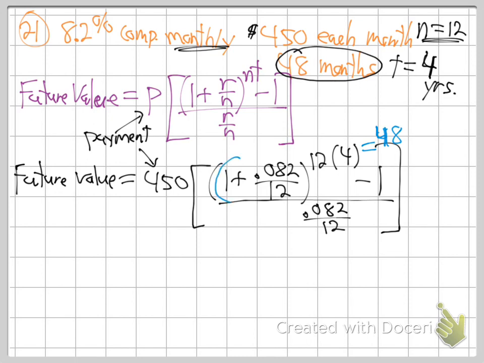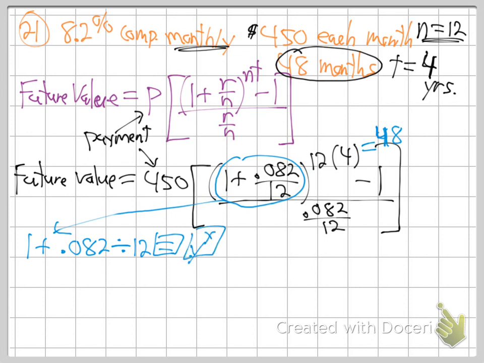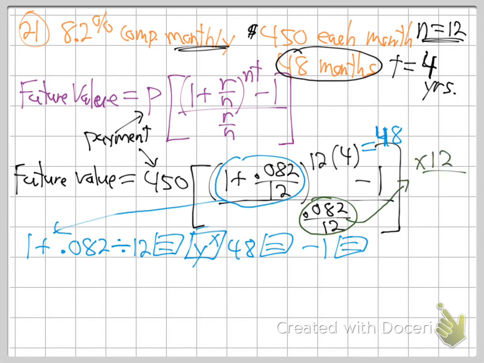So we take our calculator, start with the inside. 1 plus 0.082 divided by 12 equals, to the power 48 equals, minus 1 equals, and then you have the whole numerator at that point, and then you just grab that denominator, and remember dividing is upside down multiplying, so flip that thing up. It's times 12 divided by 0.082.